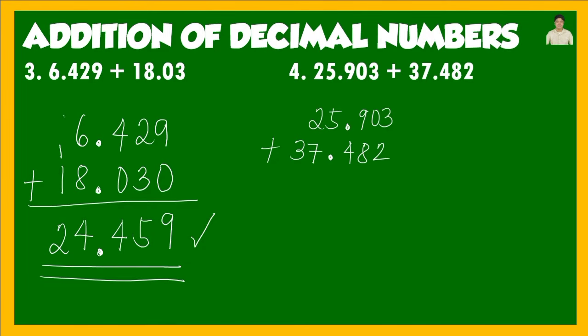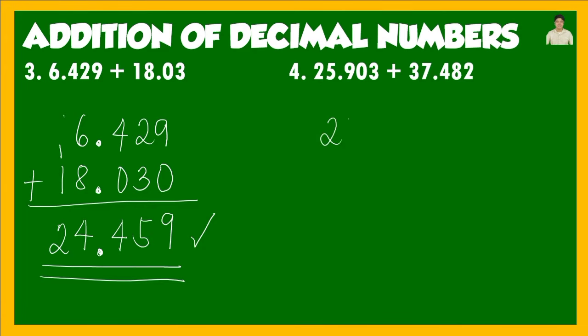Kung papansinin nyo po itong given natin na ito, ayan, hindi po naka-align yung decimals. Titignan lang po natin yung decimal point, makikita natin na hindi po sila pantay. So, kapag ganyan po natin sila sinulat, hindi po natin yan pwedeng i-add or hindi rin po natin yan pwedeng i-subtract. So, ayan ha. Buburahin natin ngayon para isulat natin yung solusyon ng ating given.